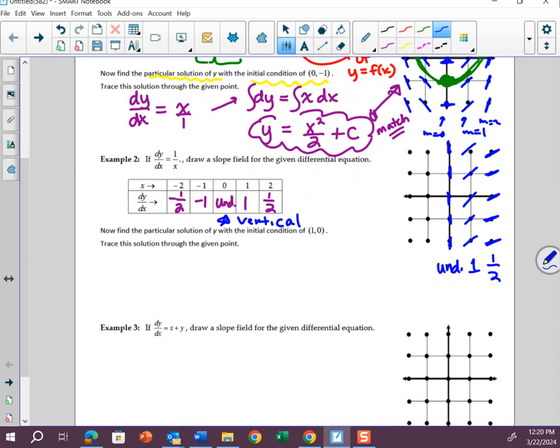Positive half, so from left to right they're uphill, so they're still uphill little lines, but the lower that positive number goes, from 1 to 0, the flatter the line is. And then we have the opposite kind of behavior with the negative 1 and then the negative 1/2.